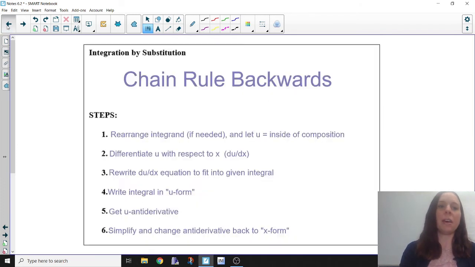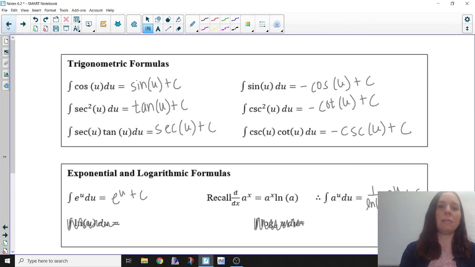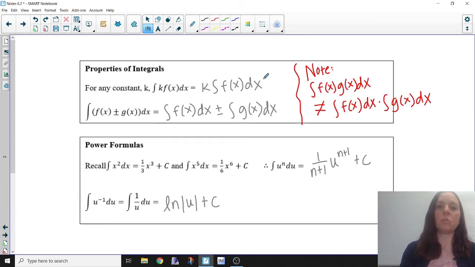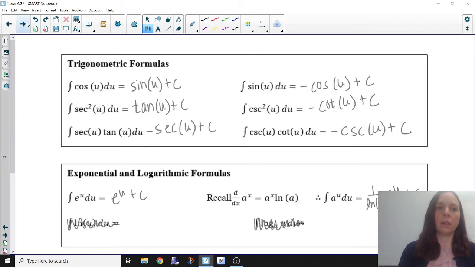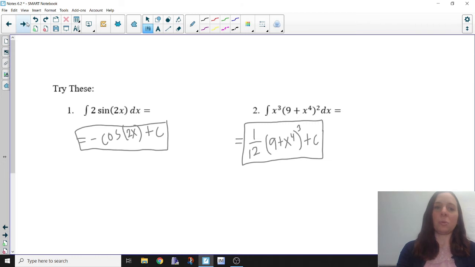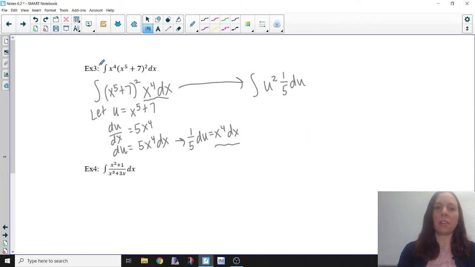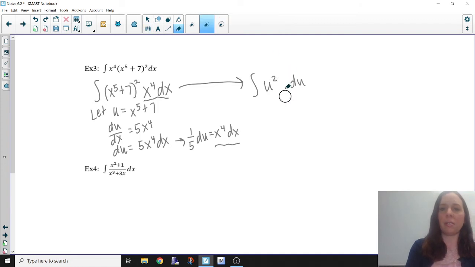And luckily, because of this constant multiple rule right here, whenever you have a constant multiple, you are allowed to pull it outside of the integral. And so that's what I like to do with things like the 1/5 that we see in this example. Instead of writing the 1/5 right there, let's put the 1/5 right here and the du back here.